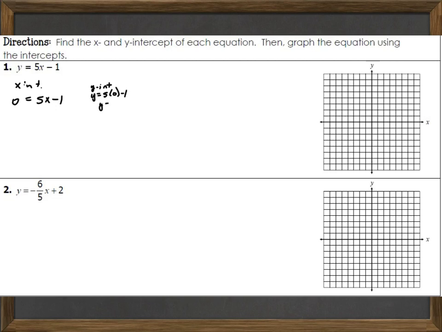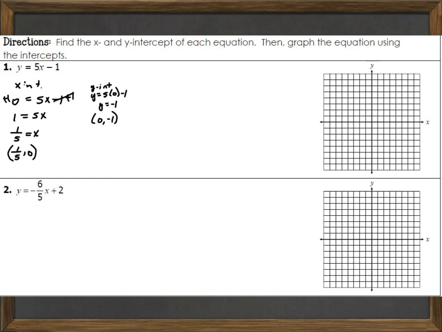So y will be negative 1, or 0, negative 1 is a point. And over here, you're going to have 1 equals 5x when I add 1 to both sides. And then you divide by 5, 1/5 is equal to x. So you have 1/5 and 0.